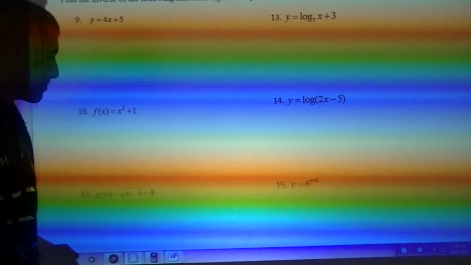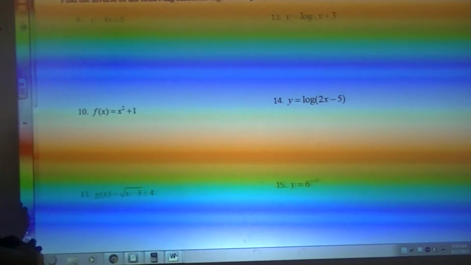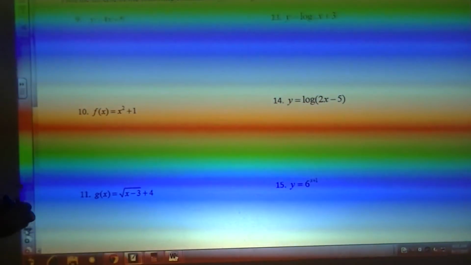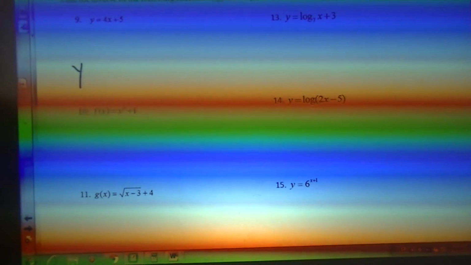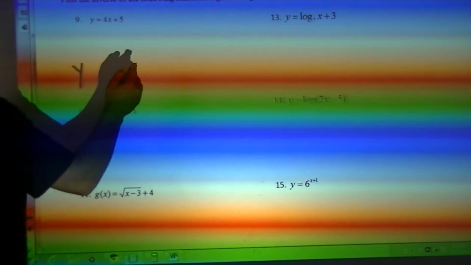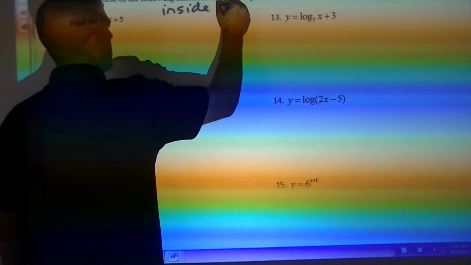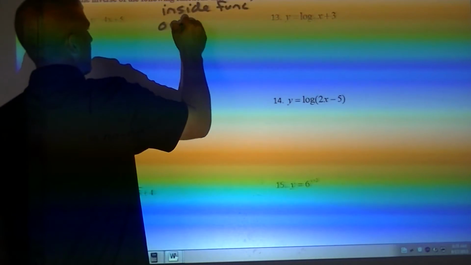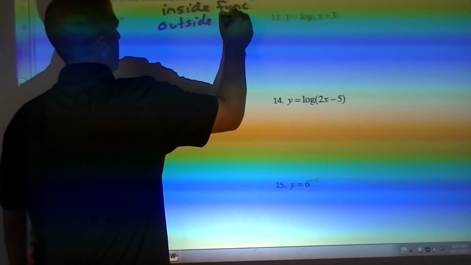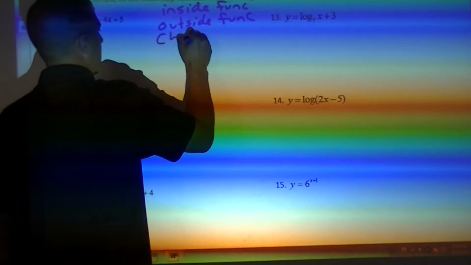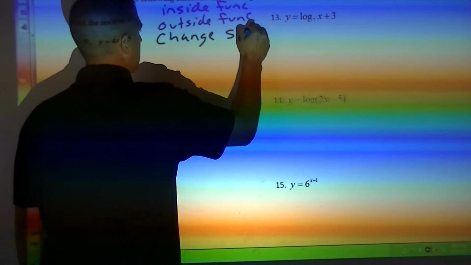Number 9. Find the inverses in terms of x. So here's the deal. What we want to look at is something inside the function or outside the function, and we're going to change signs as we go.